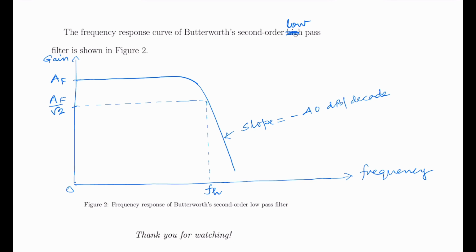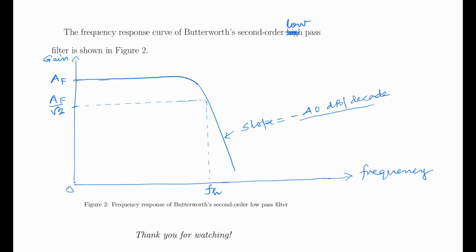As frequency increases, the gain starts falling, and when F is equal to FH, where FH is 1 upon 2 pi RC, the gain falls to AF upon root 2. So this is your upper cutoff frequency. The slope of this fall is minus 40 decibel per decade. Clear? So this is the frequency response curve of the Butterworth second order low pass filter.